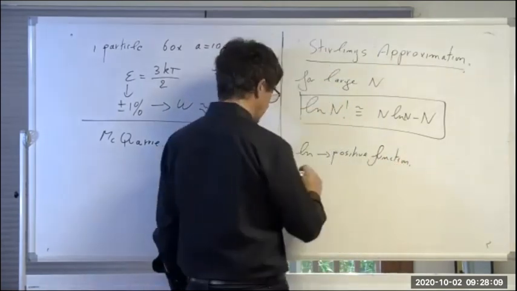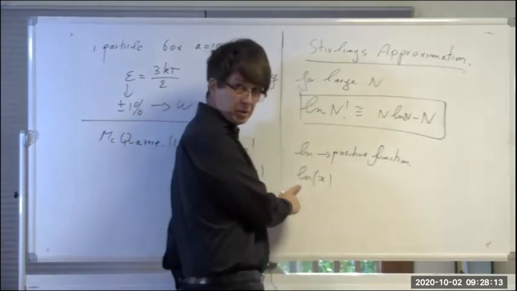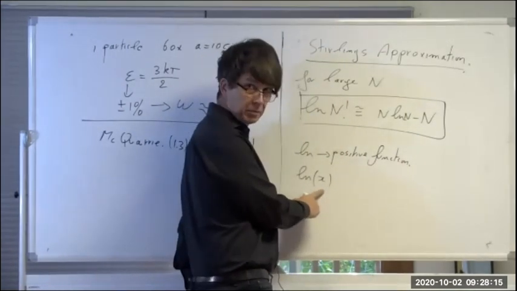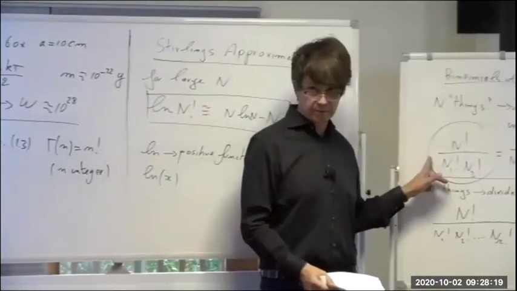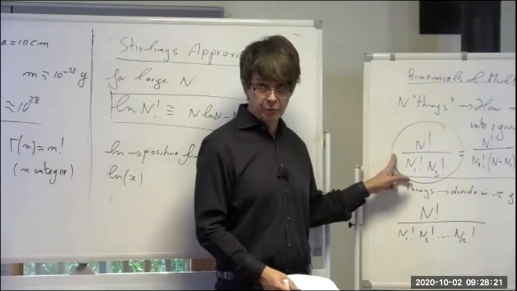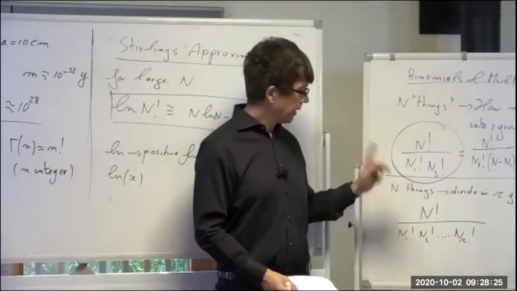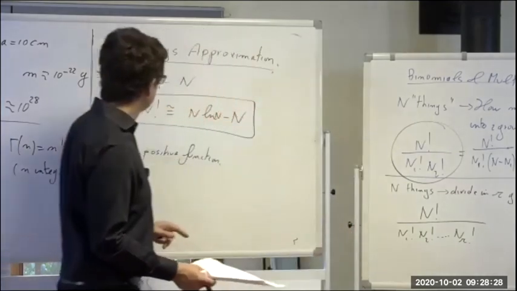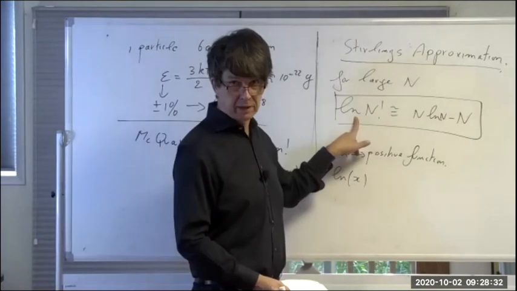So the log is maximal when its argument is maximal. So if I ask you to take the maximum of this, you can just as well look for the maximum of the log of that. And the reason that that's handy is because then I can use Stirling. And then I get rid of the factorial.